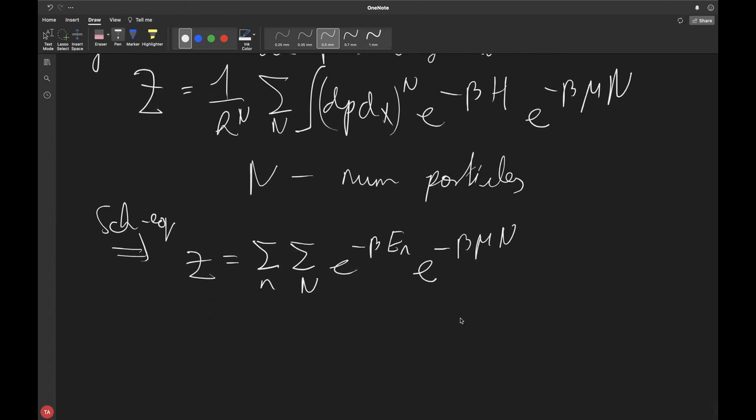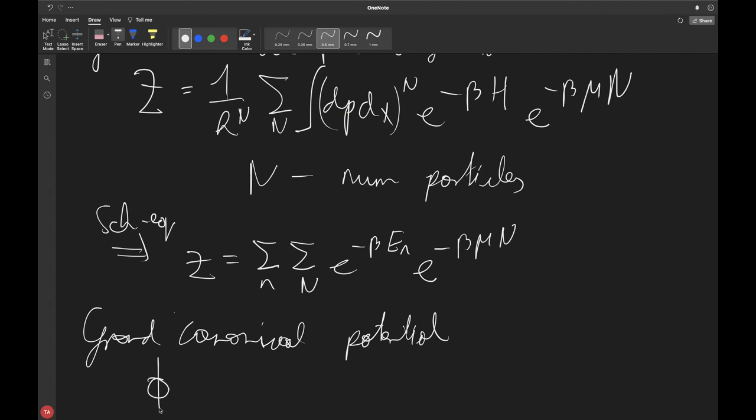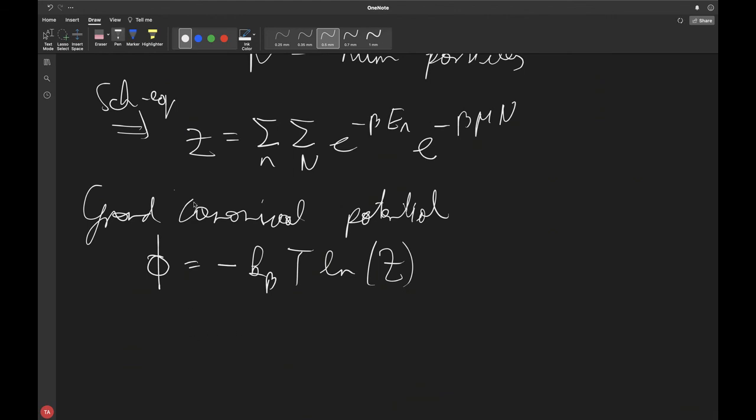The potential is now called the grand canonical potential. So the grand canonical potential is the uppercase Phi, and we get that by taking the minus kBT ln of the uppercase Z, and then we do go to the differential form.